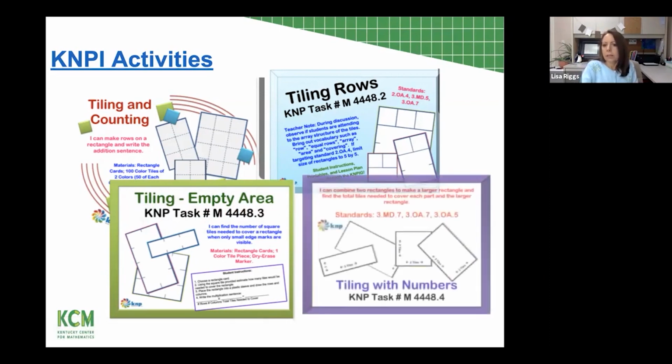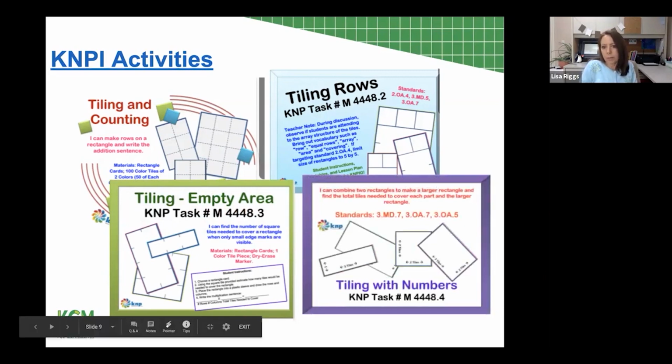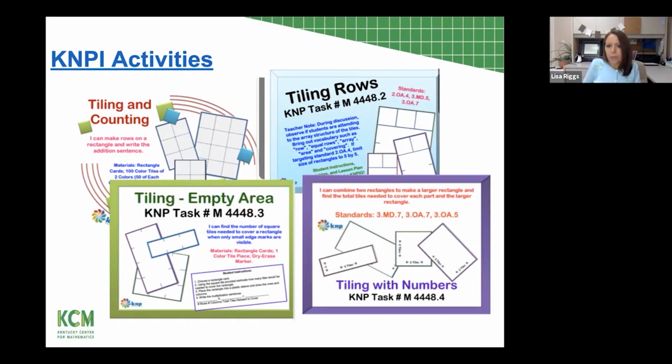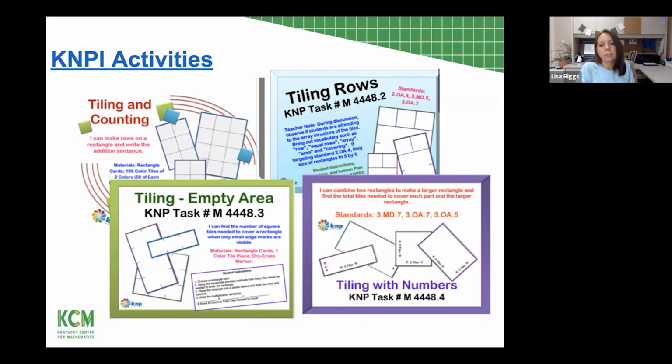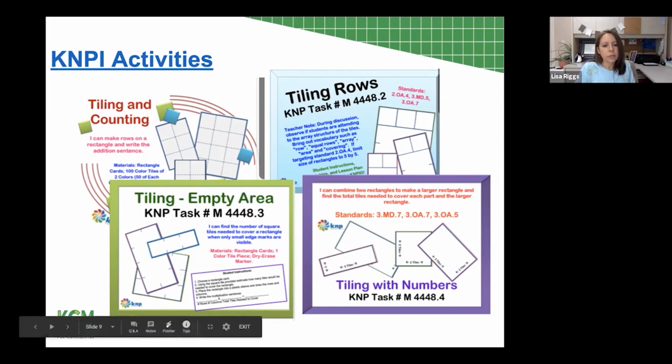Then the next piece is tiling with numbers, where there's an open rectangle, making the connection to repeated addition in the beginning. As we progress, it progresses to multiplication. It's a very nice progression with that tiling piece, and all of that is provided for you in the handouts.